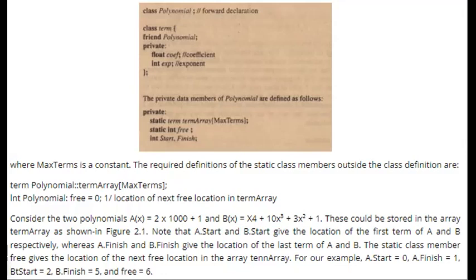The static class member free gives the location of the next free location in the array. For example, a.start is equal to 0, a.finish is equal to 1, b.start is equal to 2, b.finish is equal to 5, and free is equal to 6.